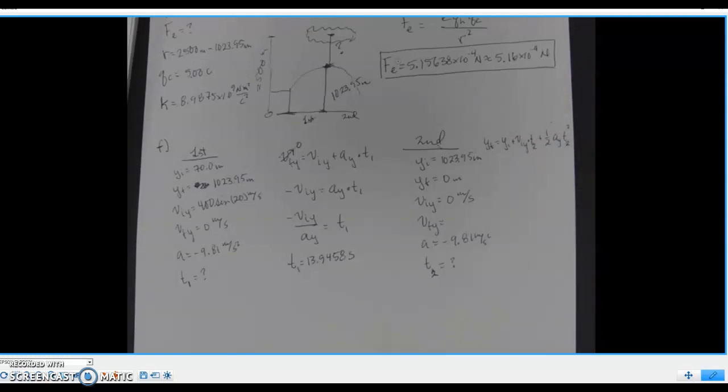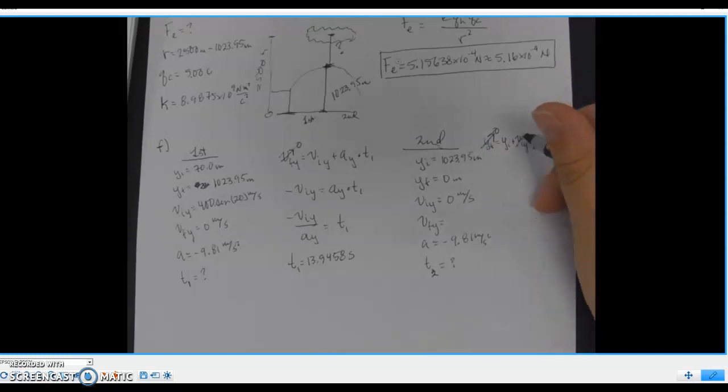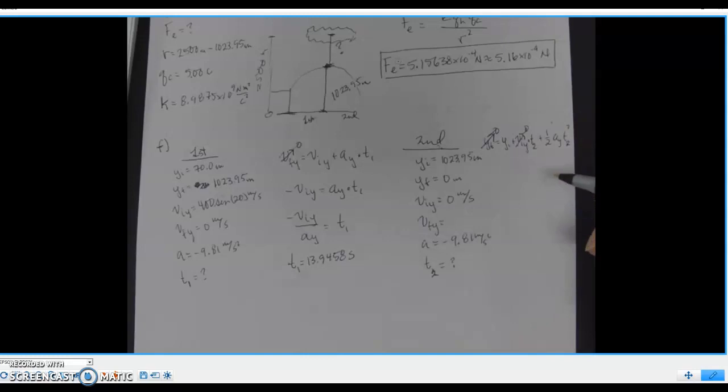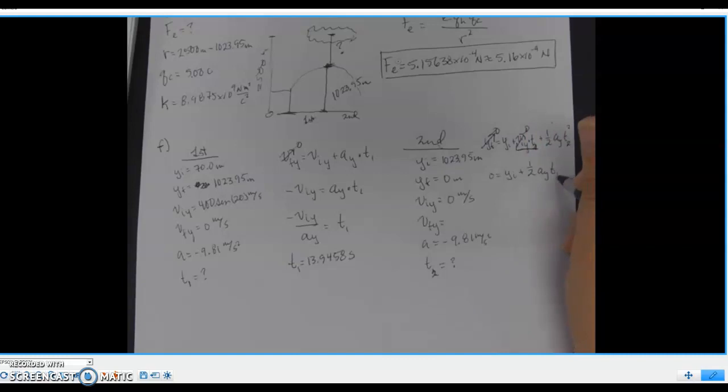Okay, let's see if any of these are 0. So y final, that's 0. Velocity initial, that one's 0. And anything multiplied by 0 is 0, so that whole thing will drop out. So we're left with 0 equals y initial plus 1/2 acceleration t squared. I'm going to subtract y initial, so I'll have negative y initial equals all of that.